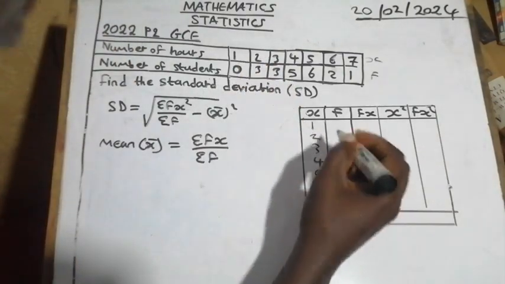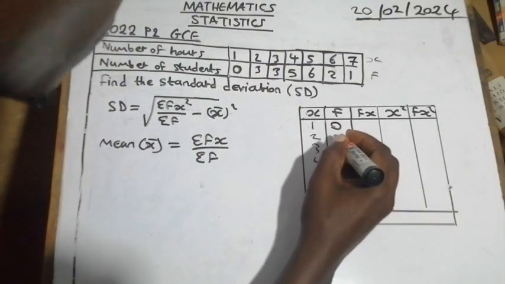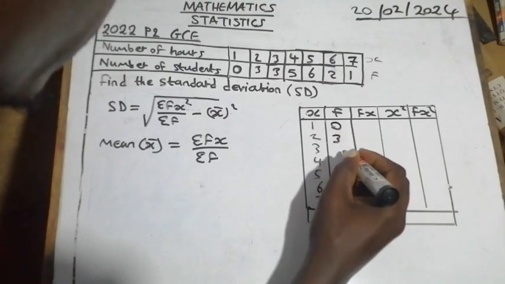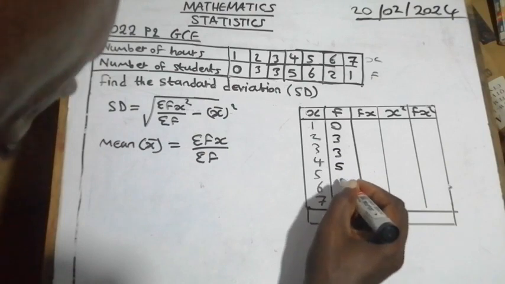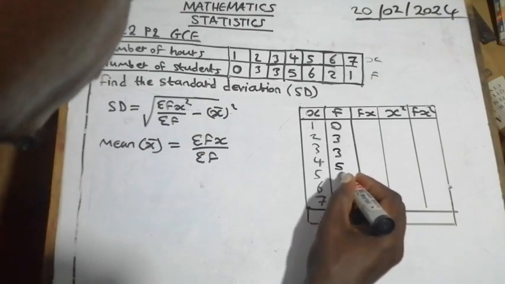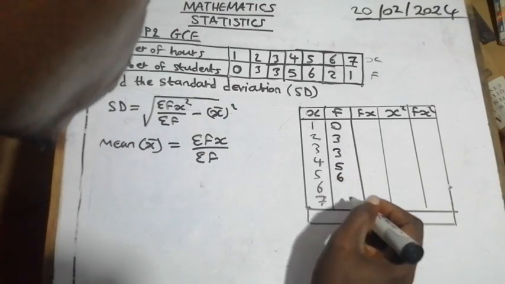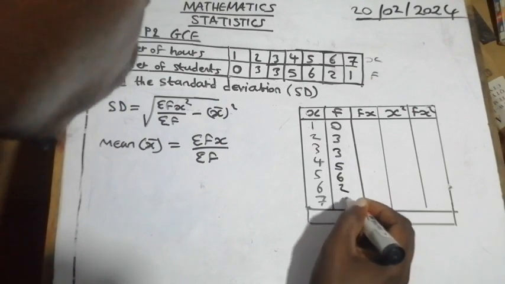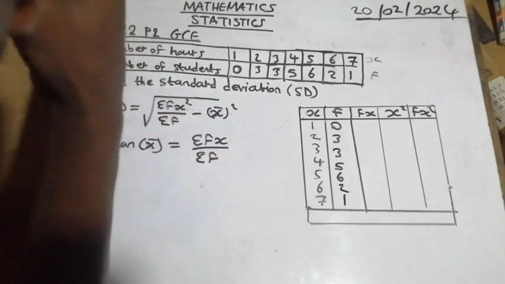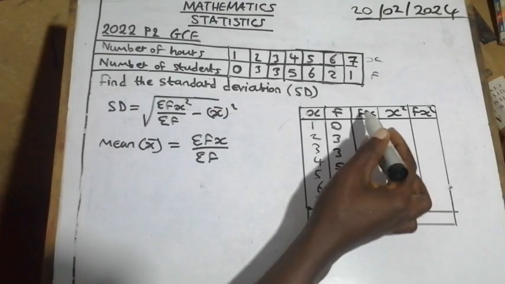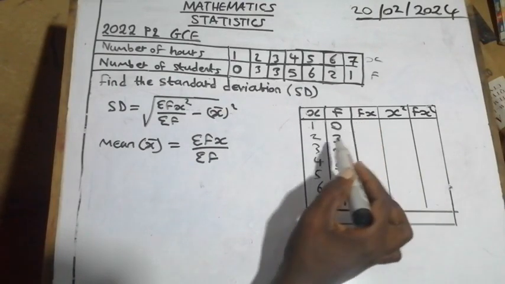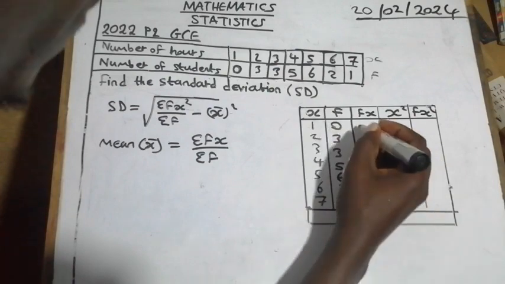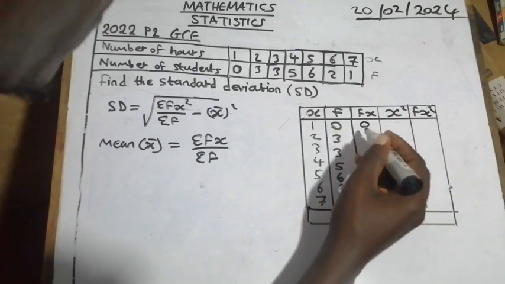Then for frequency, we have 0, 3, 3, 5, 6, 2, then 1. Then in this column, we have to multiply frequency by the midpoint. So 0 times 1, we get 0.